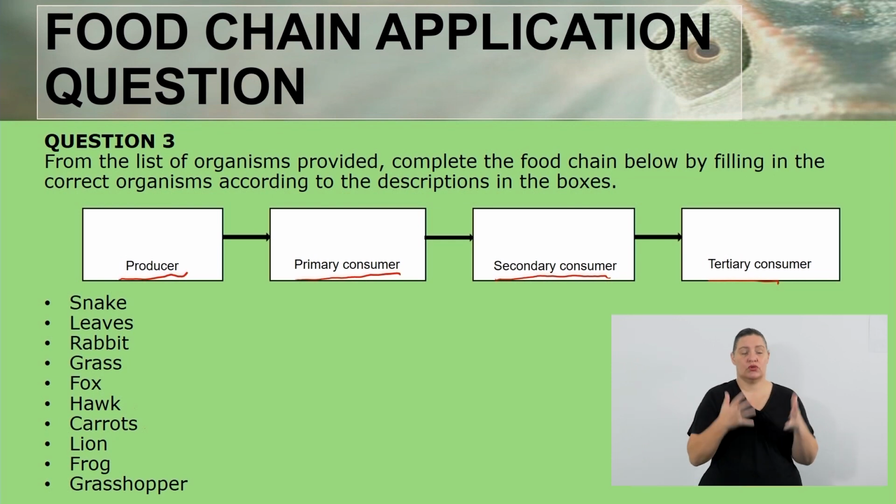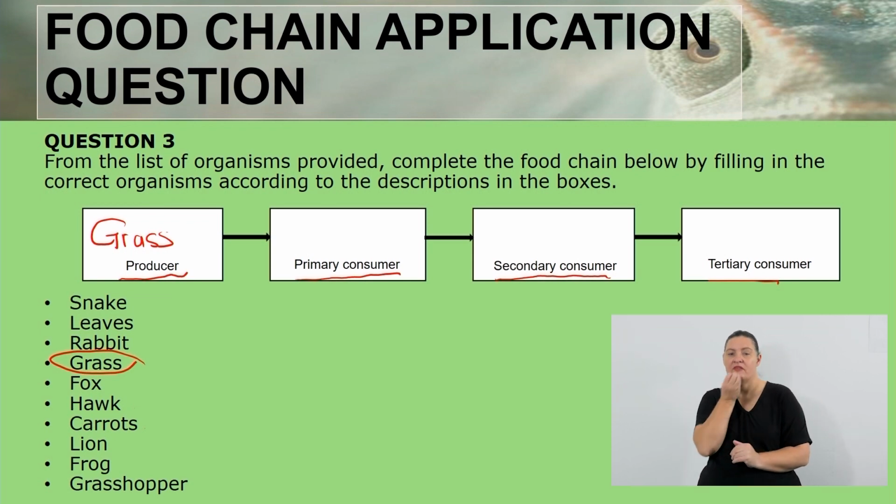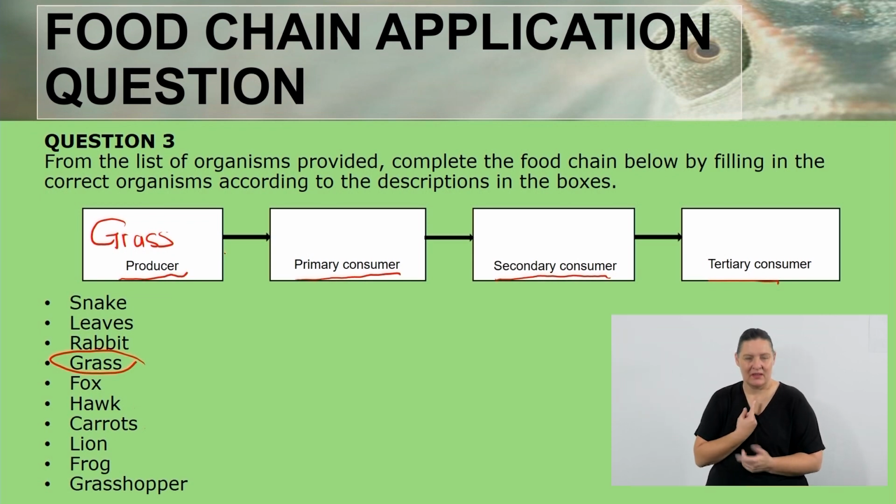So we said producers are organisms that have the ability to make their own food. That tells us that these are plants. So the first thing that needs to come into the first box should be a plant. For this example, I am going to pick grass. So that is number one, grass. Now we are building our own food chain here, because from the grass we have an arrow that shows the flow of energy.